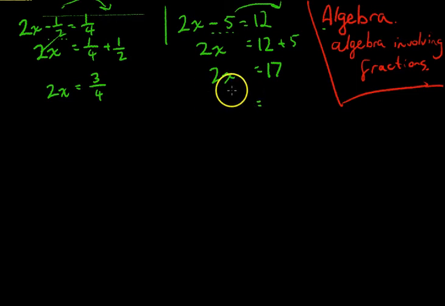Okay. Now the next step here is to get rid of this 2 next to the x. So on this side, you can see that I'm doing 2x divided by 2 equals 17 divided by 2. Now on this side, this looks really complicated, but luckily we've got our calculator to help us out. Now I'm going to divide it by 2 again.